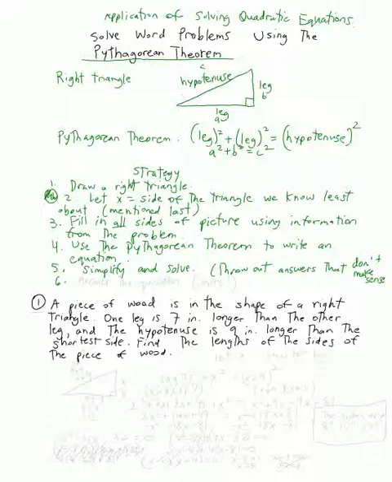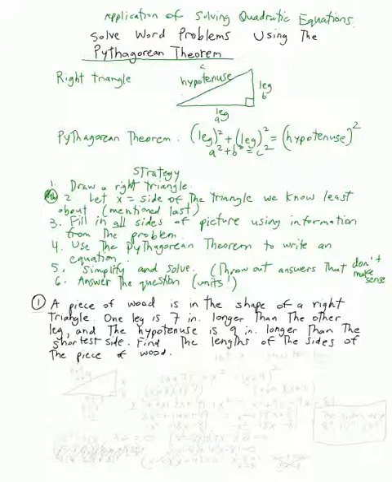Well, you can't have negative answers, for example, because there's no such thing as a negative length. That's what I mean by doesn't make sense. Step seven, answer the question. And don't forget your units. Units are always a big deal in word problems, and especially when we're talking about length.